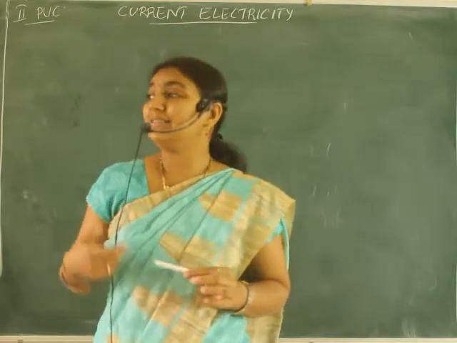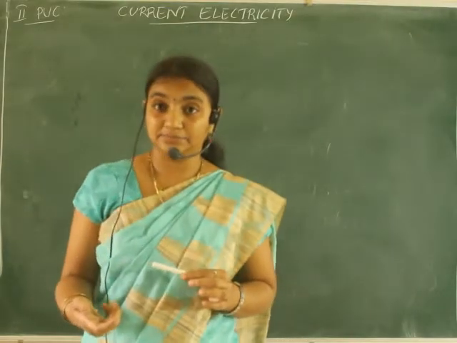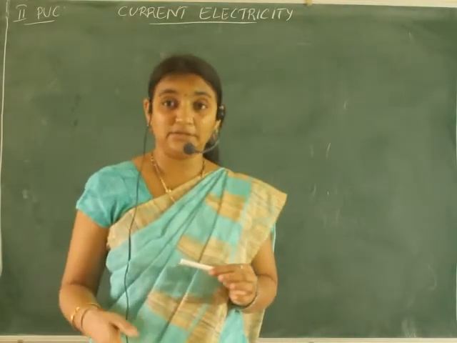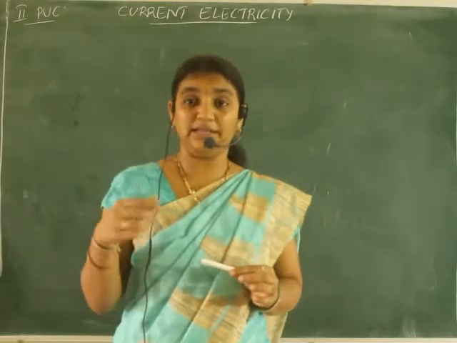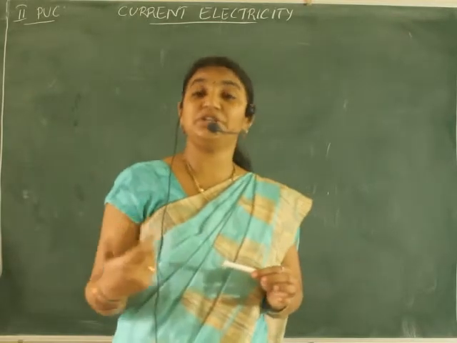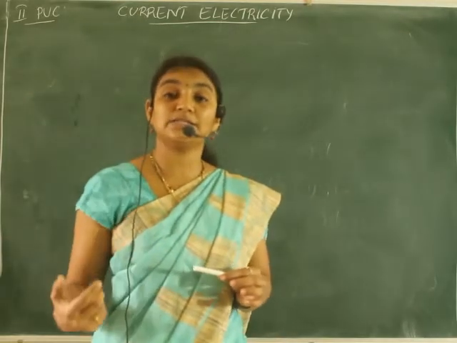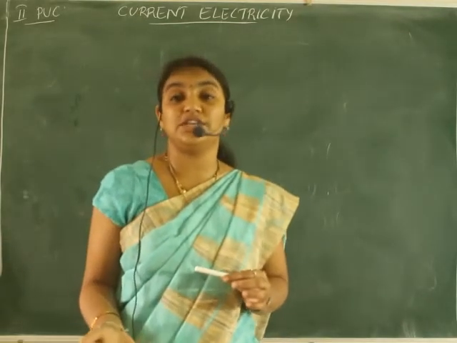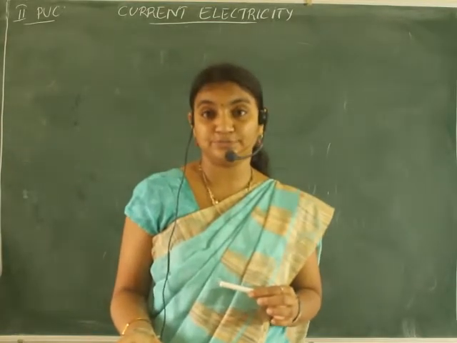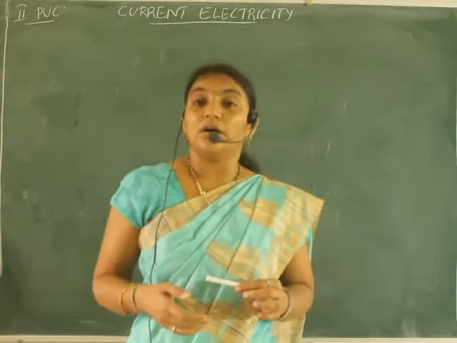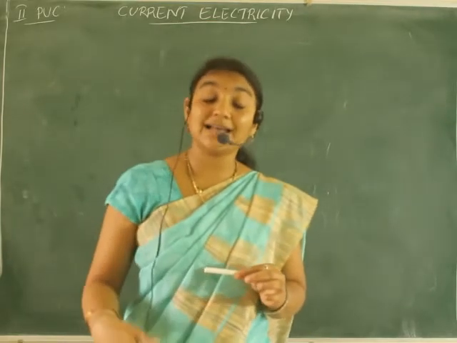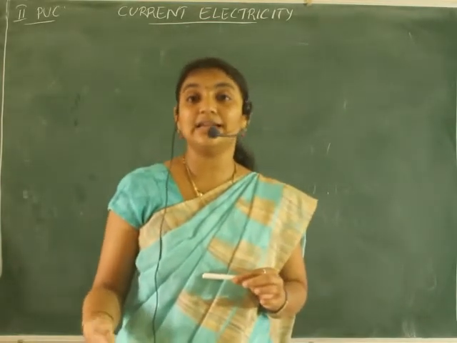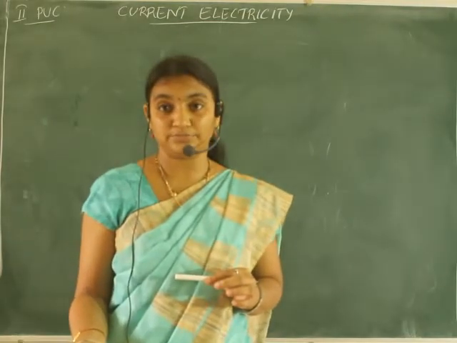See, when the object is heated, what is happening? More collisions take place. When the collisions between the electrons are more, then what happens? Then more heat energy is produced. In this way, we can increase its resistance. See, as the resistance increases, more and more heat is produced.